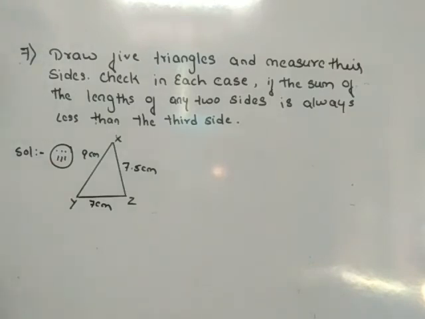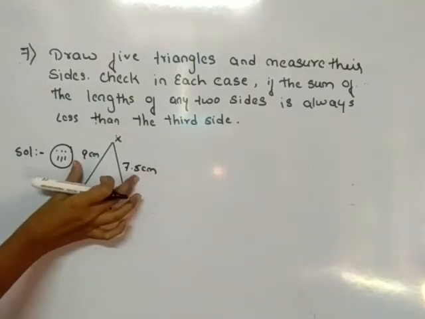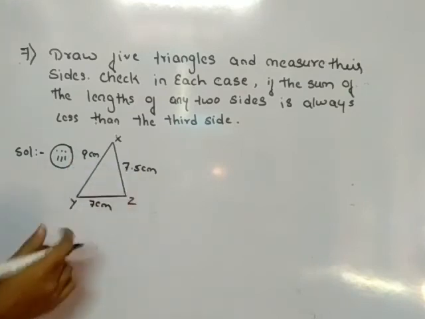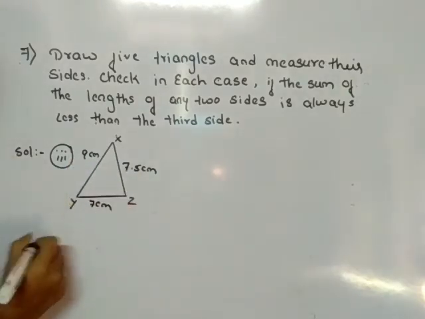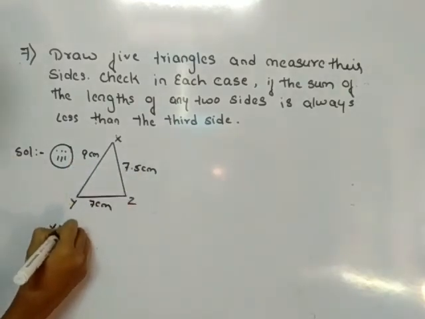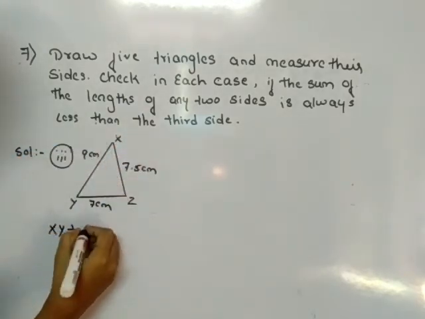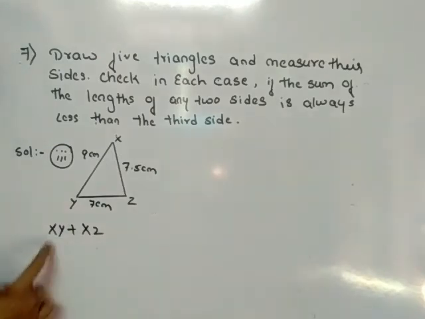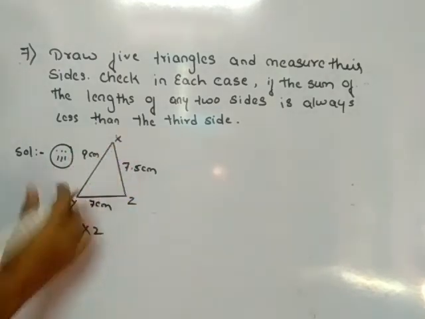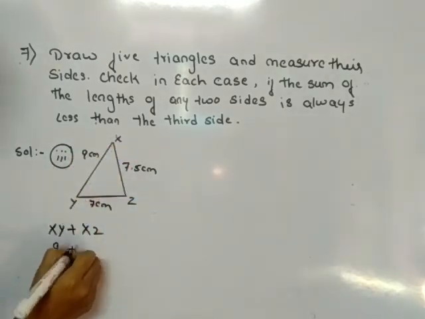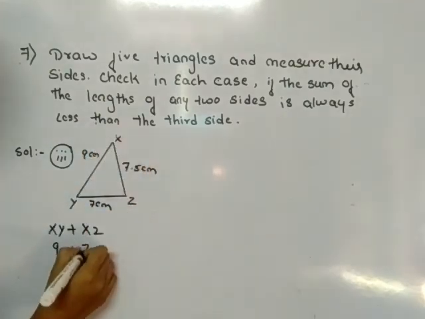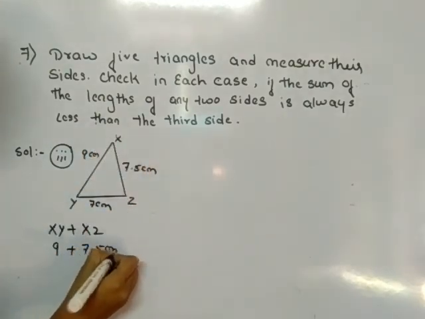Here I am going to consider these two sides and add them, that is XY, one side, and XZ, another side. XY is 9 centimeter and ZX is 7.5 centimeter.